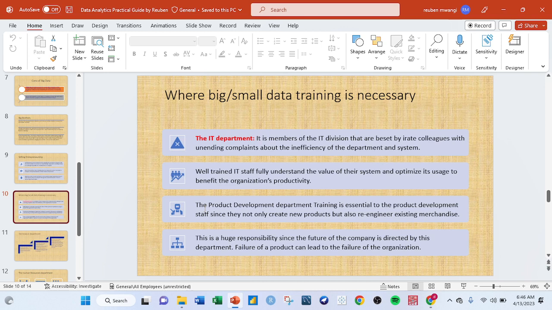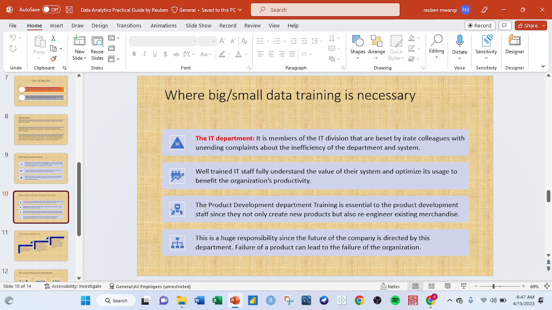The product development team also needs to be equipped with big data training or data science training, since they are not only creating the product but also engineering the existing merchandise. Before you introduce a new product to the market, you have to do A/B testing. So you have to understand what has been happening to the existing merchandise and the product we want to replace it with.